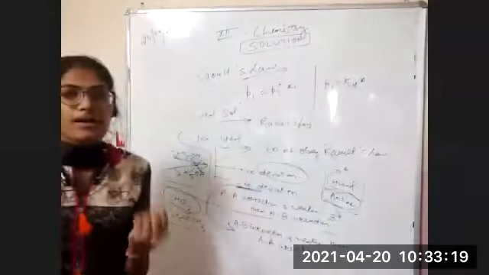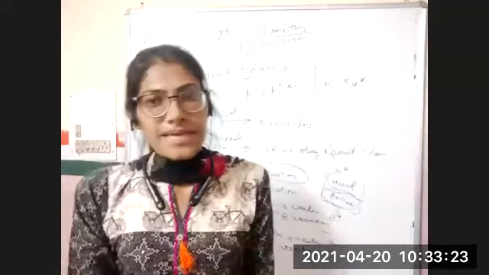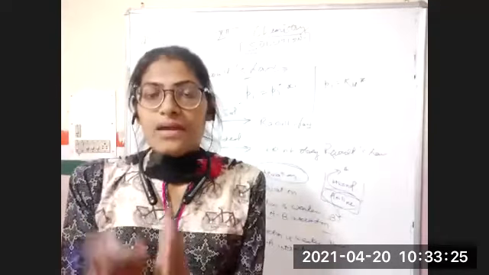Let me just try to remind this: positive means the same interaction, and negative means interaction between two different liquids. Okay, so that was the topic. Now we further move to another topic, that is azeotrope.